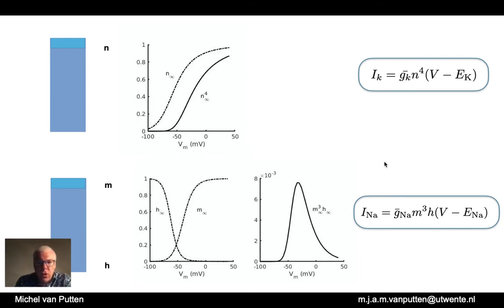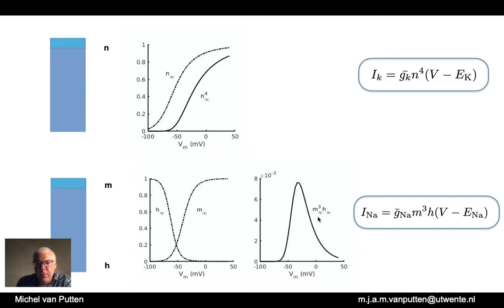For the sodium channel, we have two gates, an activation and an inactivation. So the activation gate, M, opens as a function of the membrane voltage, but the inactivation gate closes. So one is the opening state, the other closes as a function of the membrane voltage.